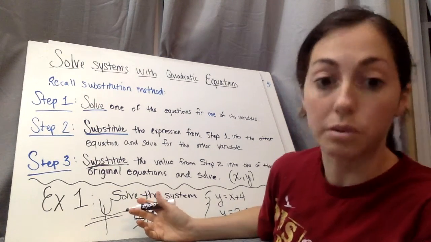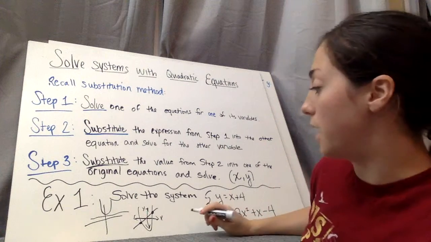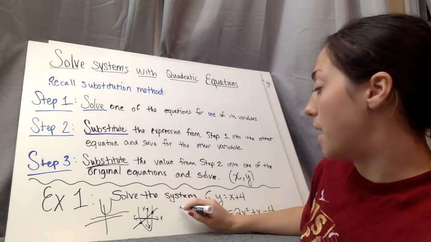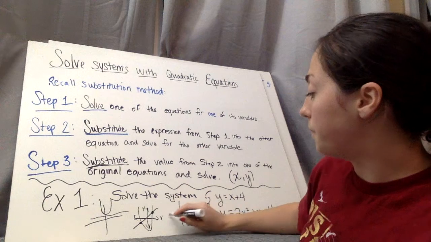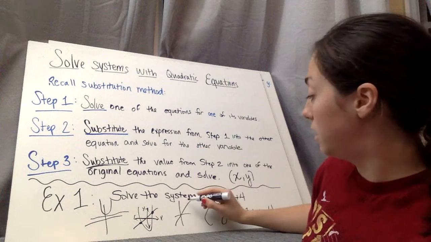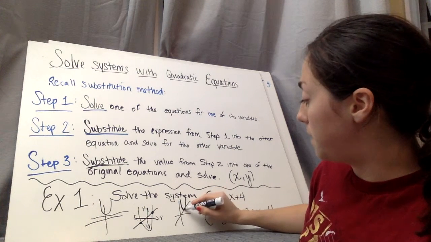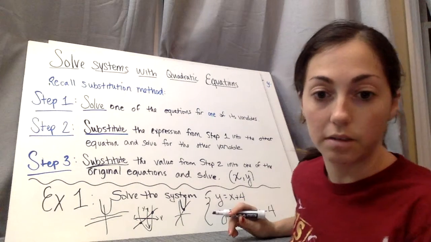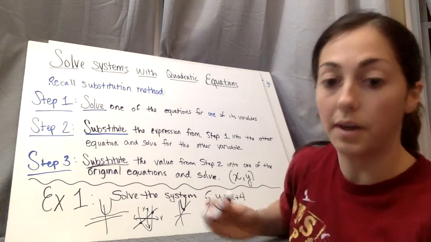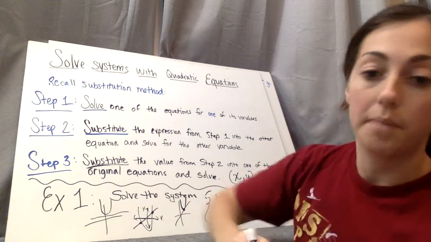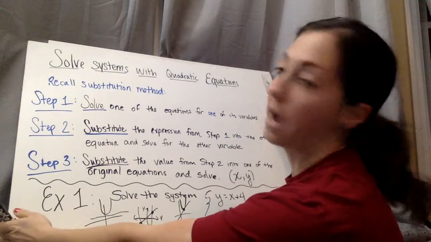That would be a no solution case, but we're not dealing with that too much today. And then what else could happen? Maybe here's our line, and the parabola meets it at one place. That's also totally possible. But let's talk about the basics of how we're going to solve these, not the possibilities.